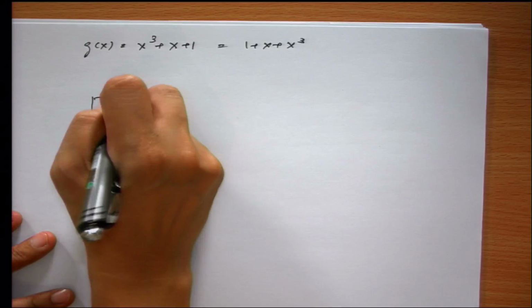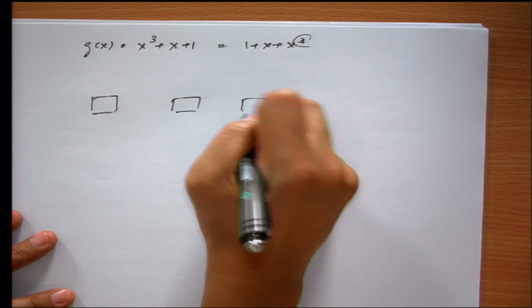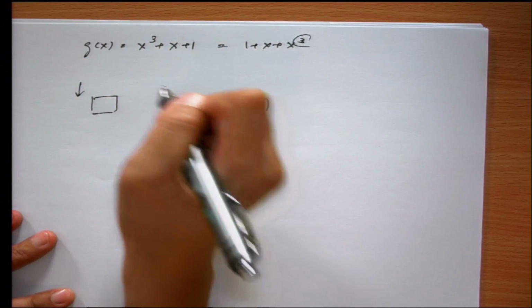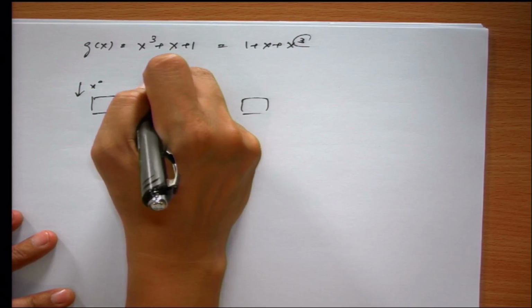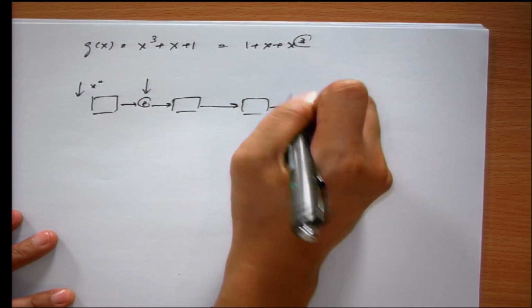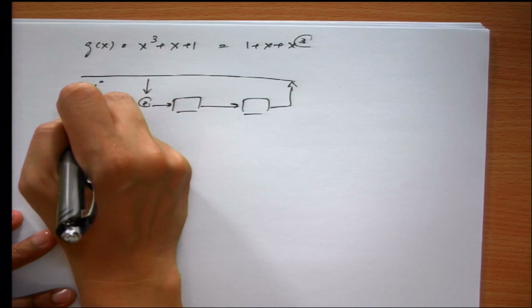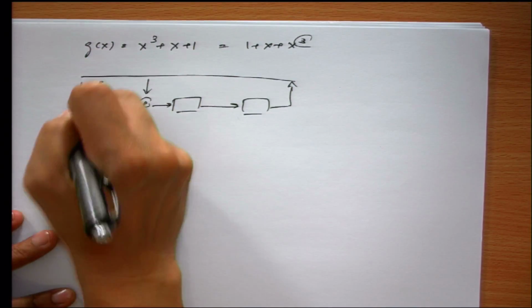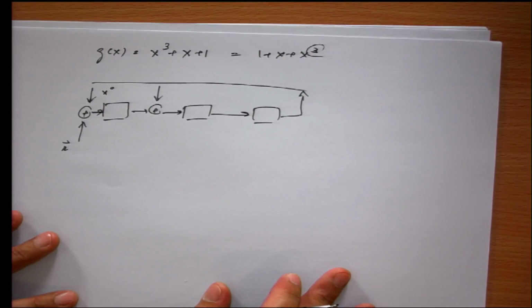So you have 3 blocks, and this one has a line x0, x, coming down like this. The difference is that you have R getting in here on the left hand side. So the circuit will be like this.